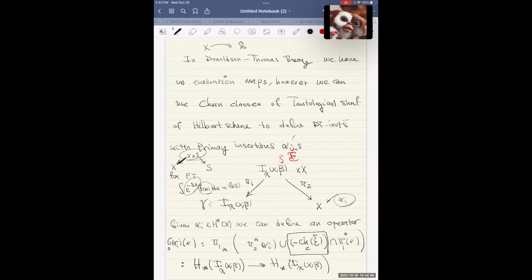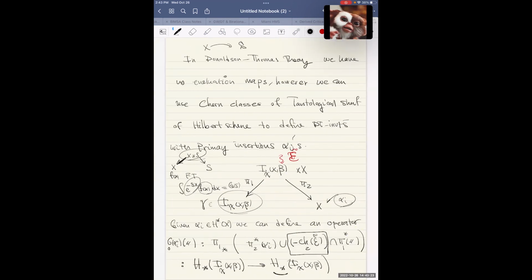So this is very similar to what we are doing in here. We pull back alpha i's, we cap it with the kernel, but we also want to pull back cohomology or homology classes from our moduli space over there. And so then integrate along the fibers and get back something in homology theory of I.